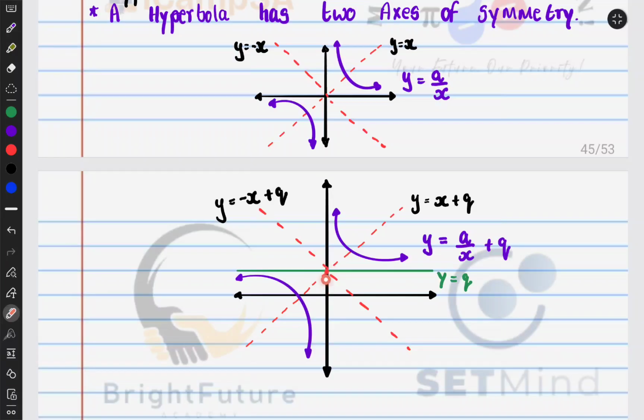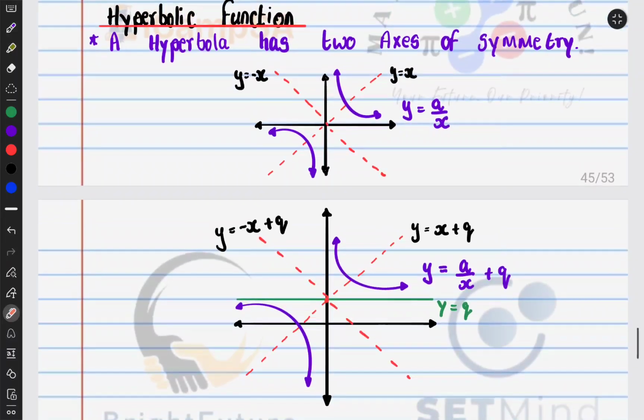The axes of symmetry move with the asymptotes. The equations for the axes of symmetry, if it has not been shifted, are just y is equal to negative x, and that negative x is because we have a negative gradient for that straight line, and then we have y is equal to x.